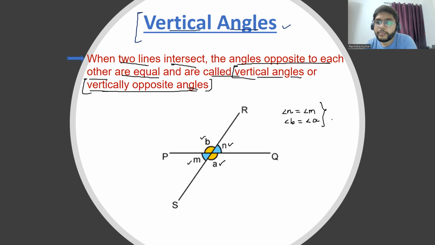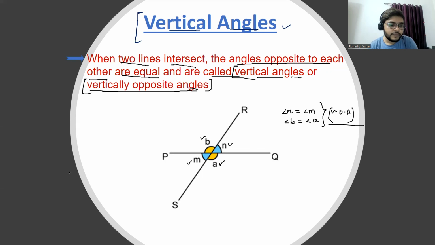What is the reason? Vertically opposite angles. When two lines intersect at a point, four angles are formed between them, and the two angles opposite each other are equal due to the vertically opposite angle property.